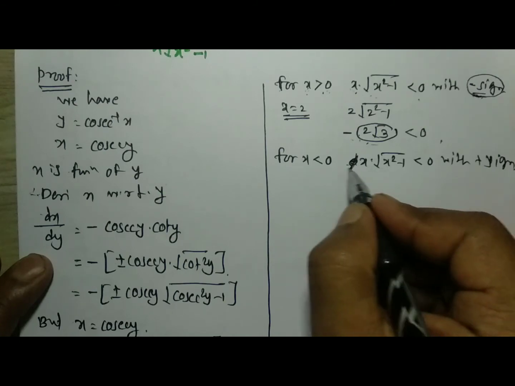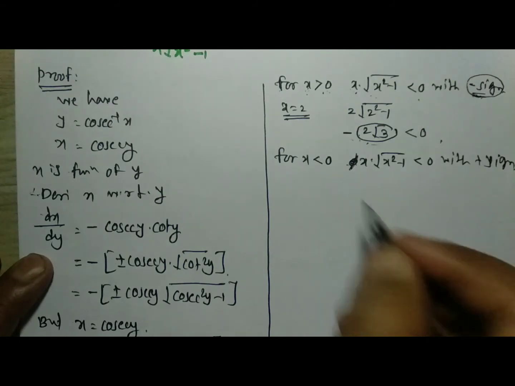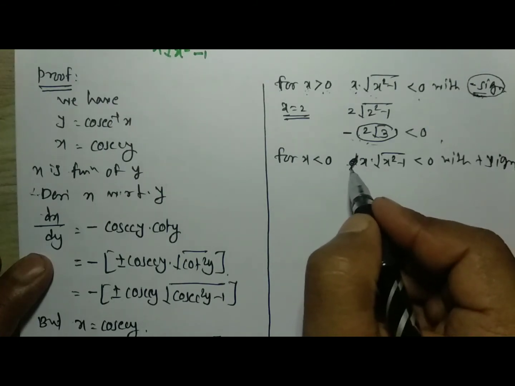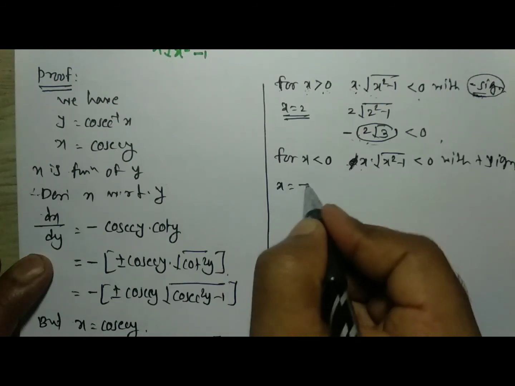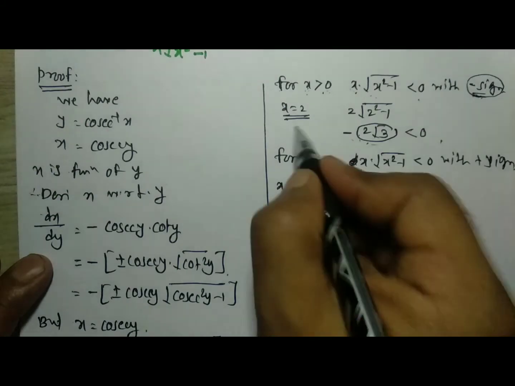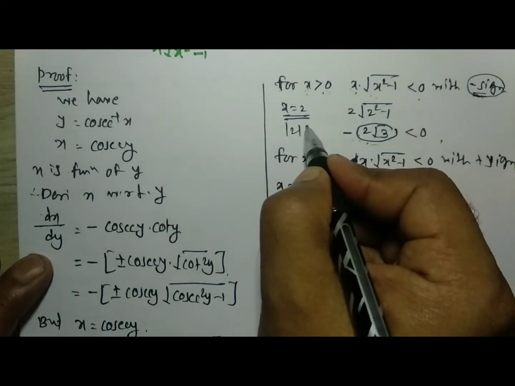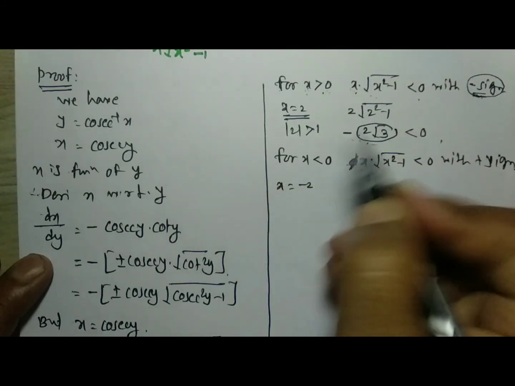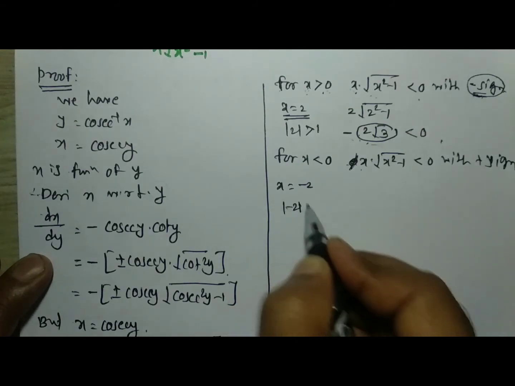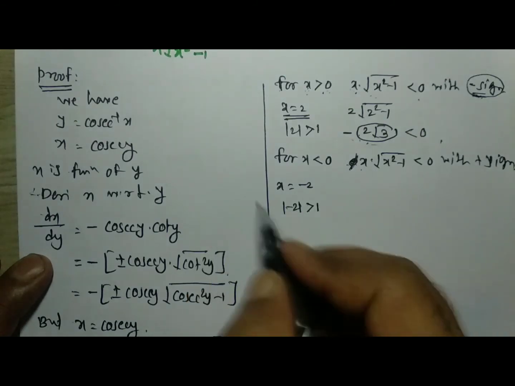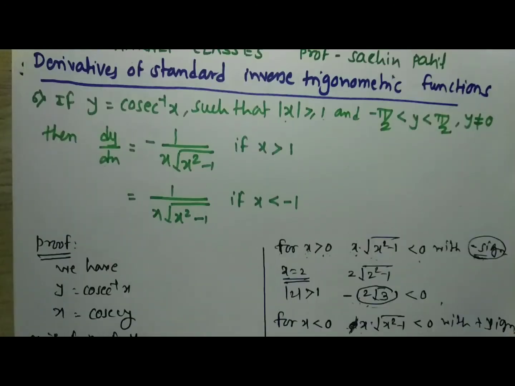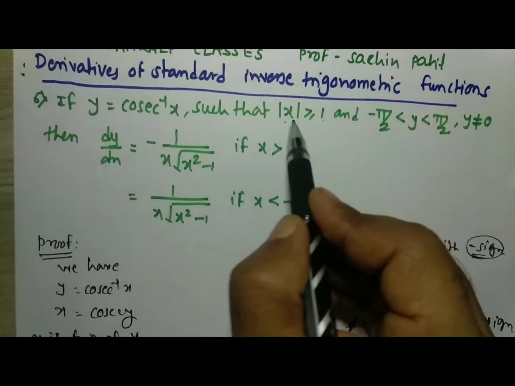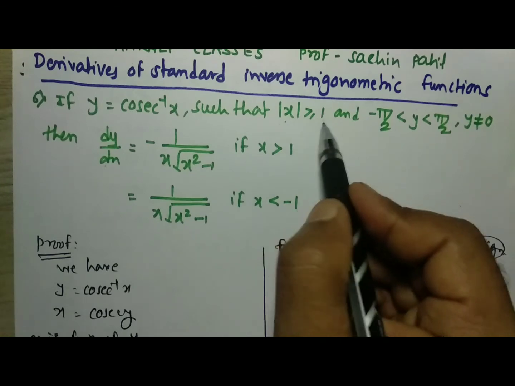Here we have to take the consideration of this minus sign, and first of all we take x equal to minus 2. No doubt mod of 2 is greater than or equal to 1, and therefore x equal to minus 2 is considered, because our theorem says that mod of x is greater than or equal to 1.